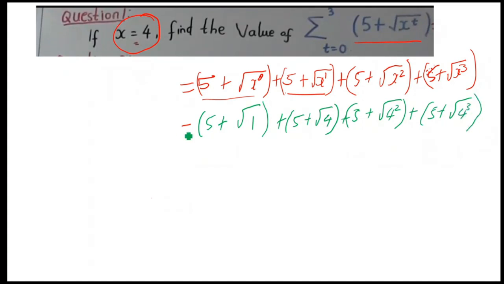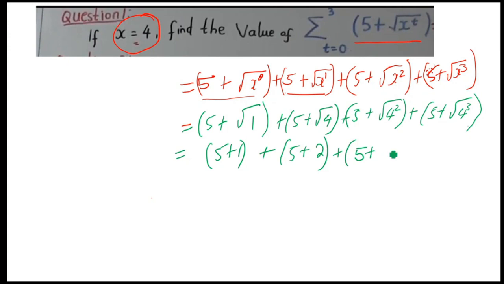Plus 5 plus, this is going to be equal to 4 to the power 3. So when you simplify this, you're going to have 5 plus 1. That is your first expression. Here you've got 5 plus the square root of 4. It is equal to 2 plus, here you're going to have 5. If you do this by inspection, 4 to the power 2 we know is equal to 16.